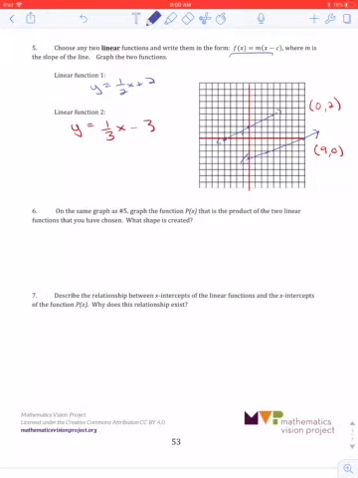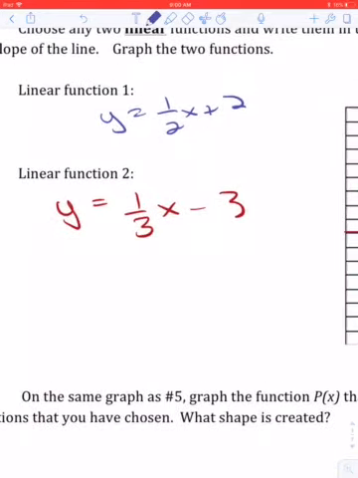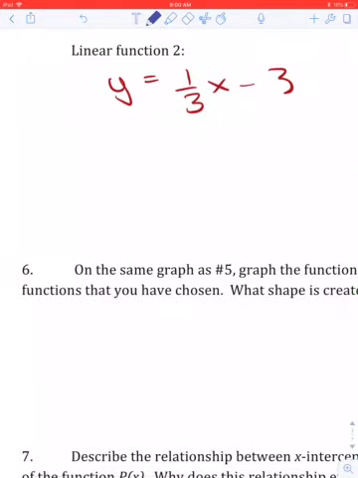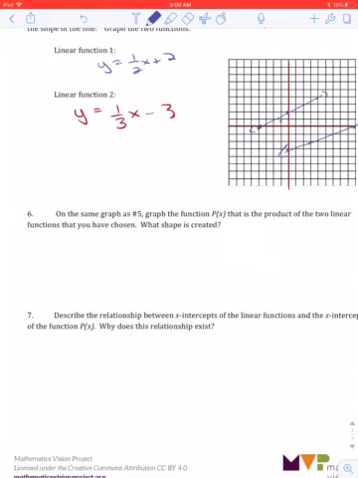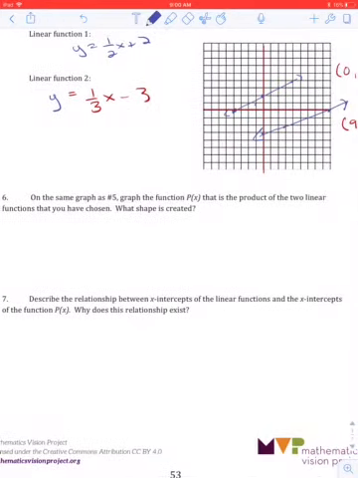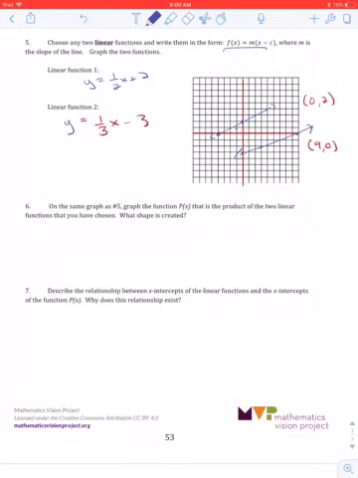Graph the two functions. I'm going to suggest that you guys use y equals 1/2 x plus 2, y equals 1/3 x minus 3. Now when you do that, what you need to know is that this one, yeah, no, that's good. So on the same graph as number 5, graph the function of p of x.